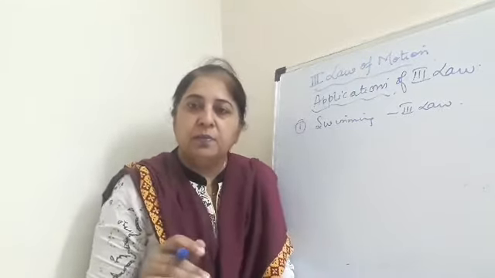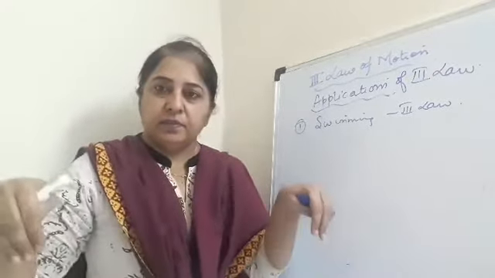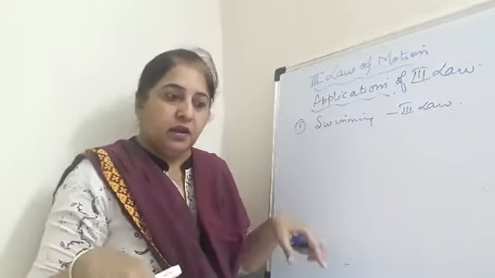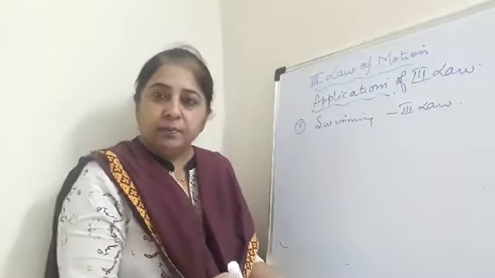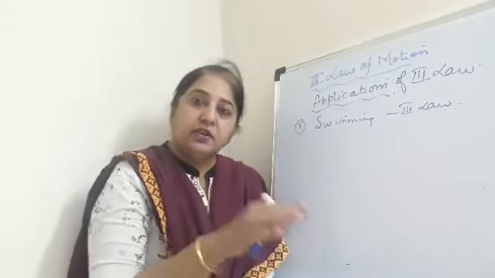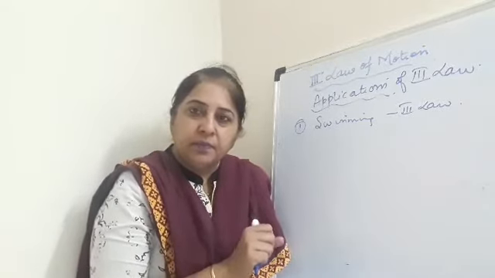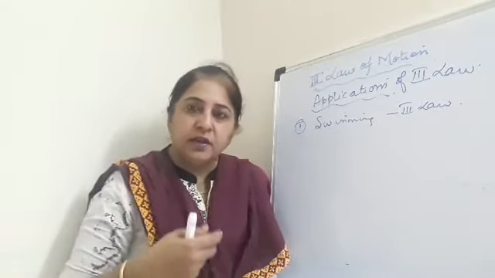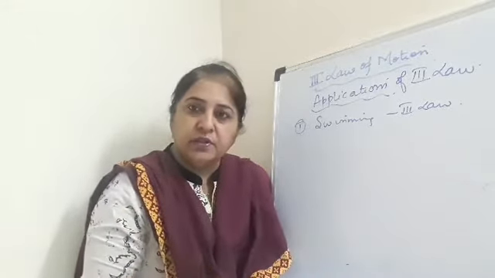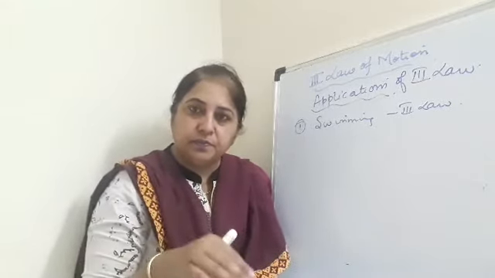You have seen how the person swims. What is the action of his hands? The action of his hands is backwards. This is the way he is going to apply force on water in the backward direction. So as he is trying to swim, the force which is applied on the water is the action force, right? As a result, what happens? Actually, what is the swimmer doing? He is trying to swim and he is moving forward. Now, the action force which is applied by his hands on water is in the backward direction.